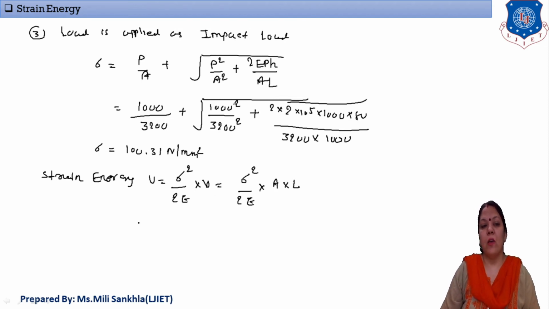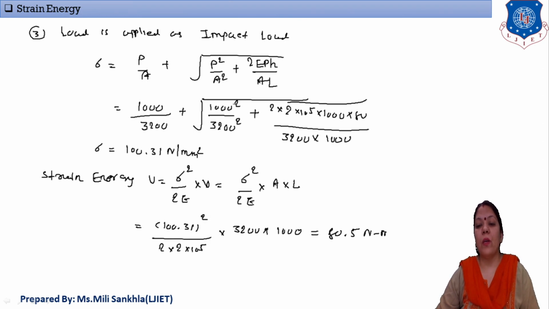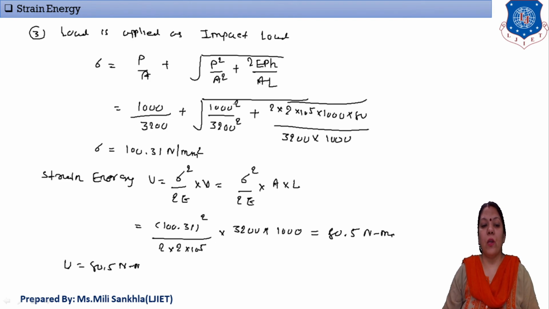Now one by one we put the values in the equation: 100.31 square for sigma square, then 2 into Young's modulus, 2 into 10 raised to 5, and area is equal to 3200 and L is equal to 1000. After simplification, U is equal to 80.5 Newton into mm. My final answer is U equal to 80.5 Newton into mm.